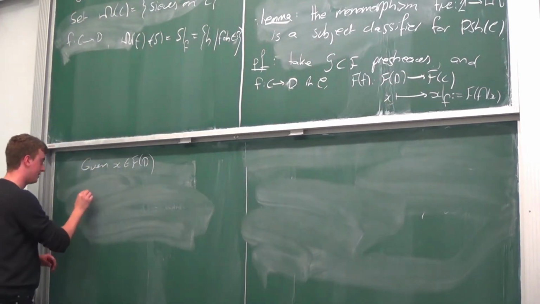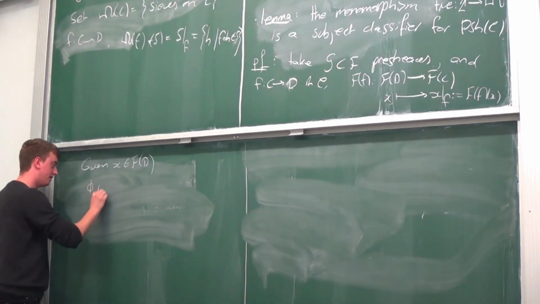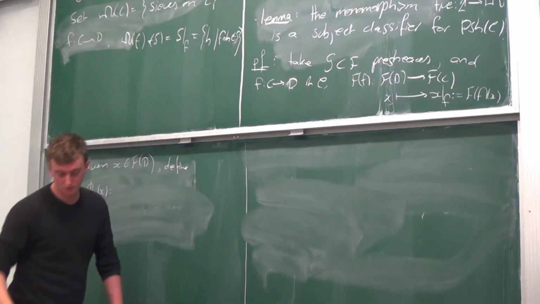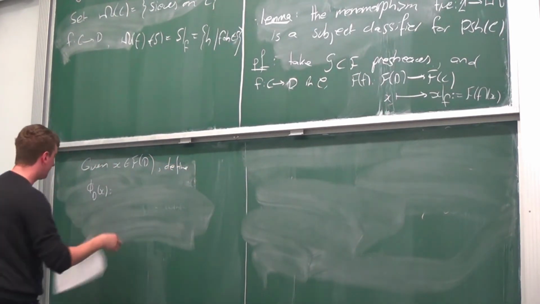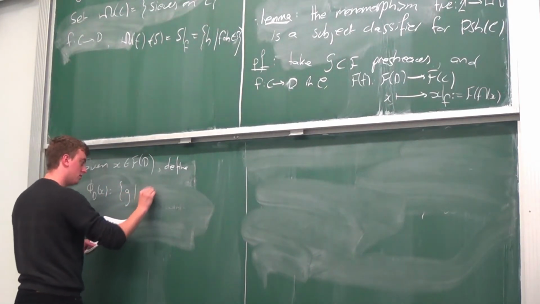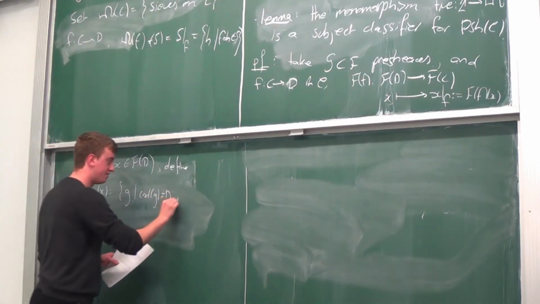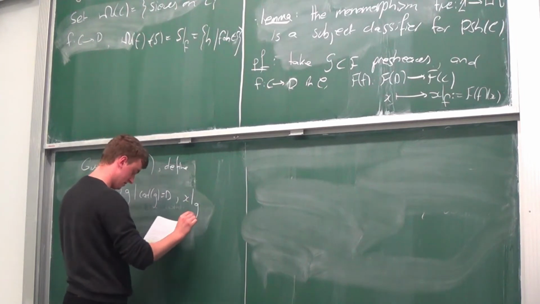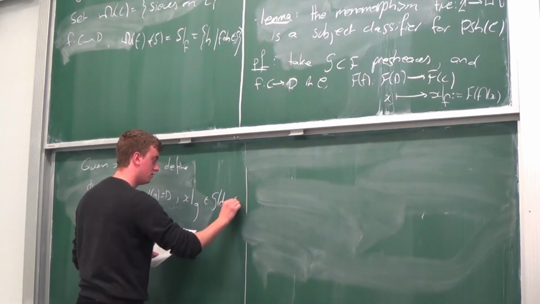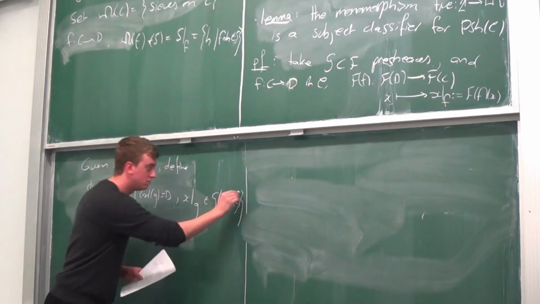This is going to be some sieve that lives on D, which will be phi D of x. What's that going to be? It's all morphisms which land in D such that x restricted along those lands in G.